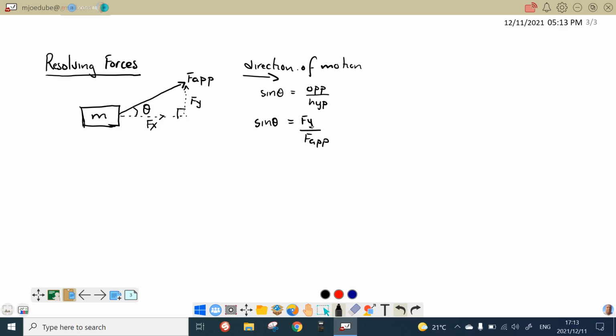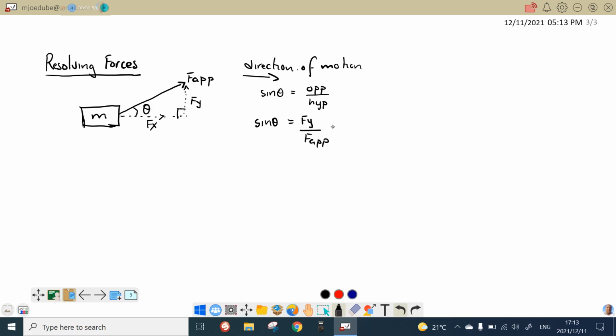So if we want to know the value of the vertical component of that applied force, we just need to make Fy the subject of that formula.